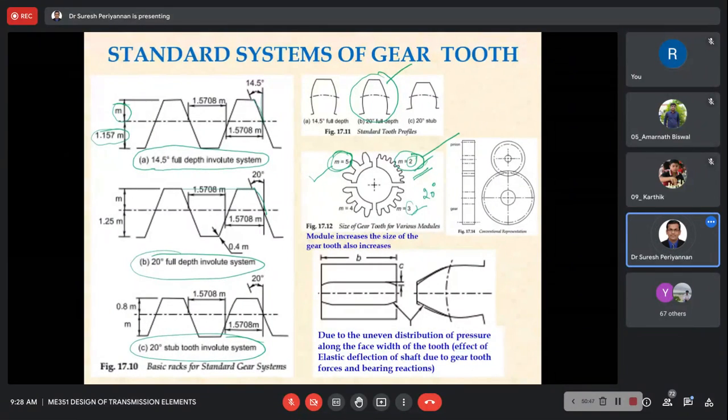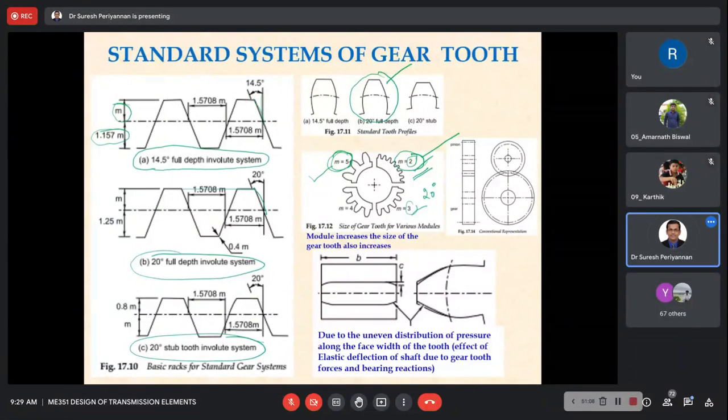What are the reasons for uneven distribution of pressure on the face of the tooth? There are three reasons.